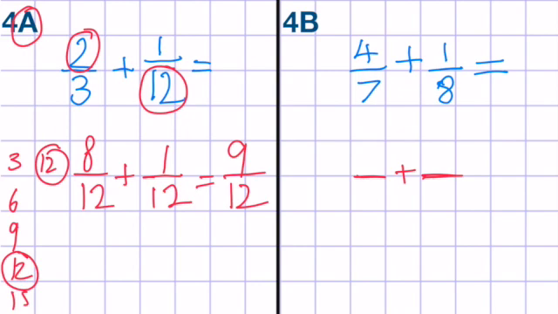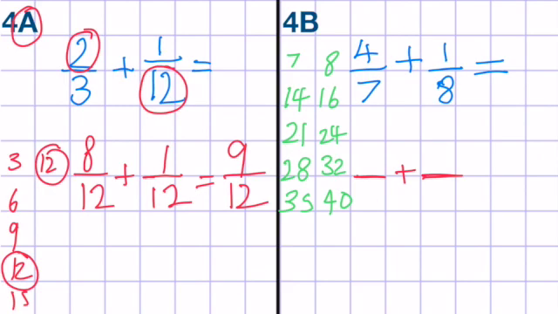Now, 4/7 add 1/8 is a bit trickier, because if you look at the 7 and the 8 times table, usually I say to write out the first 5 multiples. 7, 14, 21, 28, 35, 8, 16, 24, 32 and 40.